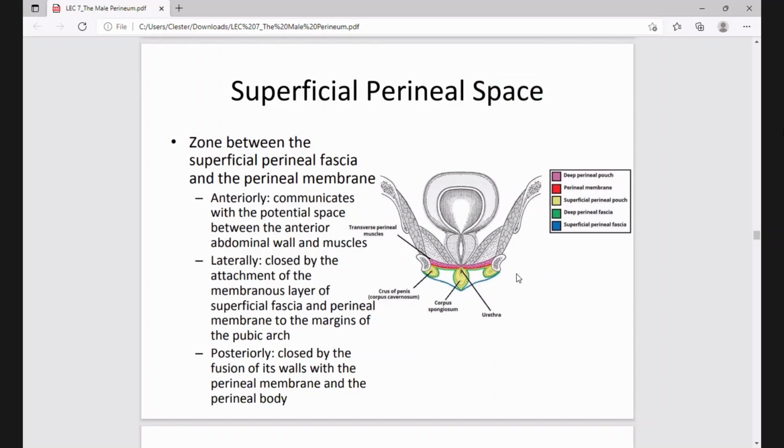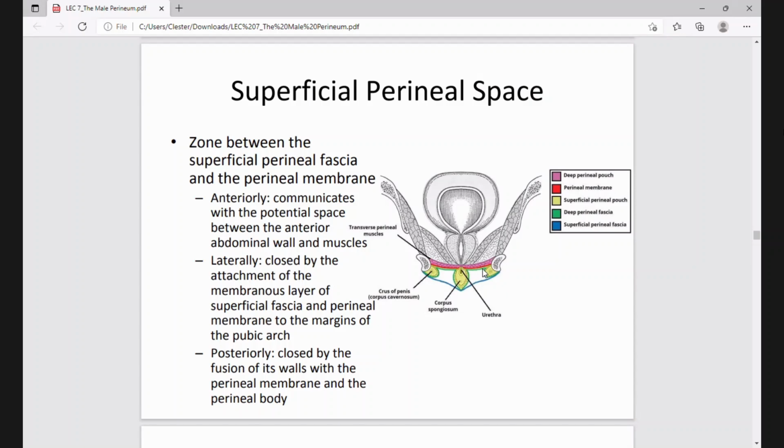Ito yung superficial perineal fascia natin, the one in blue. Ito yung half of the superficial perineal fascia. Ito yung deep perineal fascia, the one in green, green line.